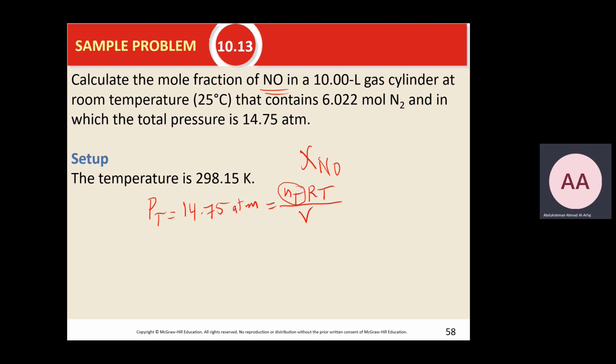If you know the N total, you can calculate the mole fraction of NO. Because you have the partial pressure of N2 gas, if you know N total and you know N2, then you can calculate the mole fraction of N2, which is equal to 6.022 divided by N total, which we just calculated.